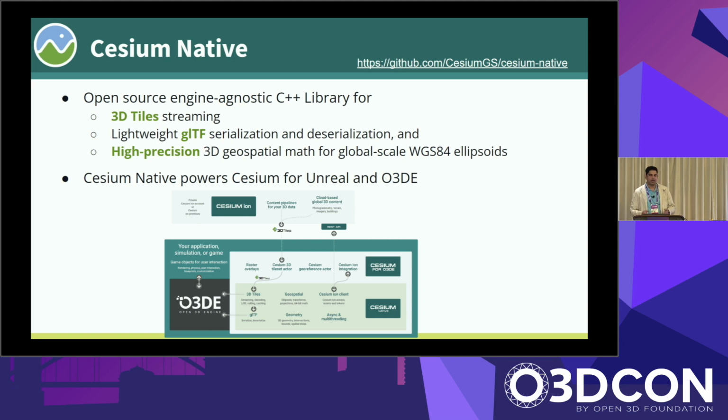So we created a library called Cesium Native that had all of these game engine agnostic components: the 3D tile streaming, the glTF serialization and deserialization, and the high precision geospatial math.